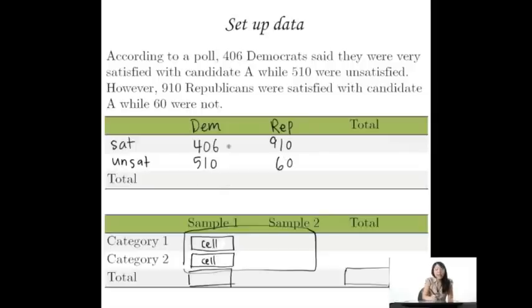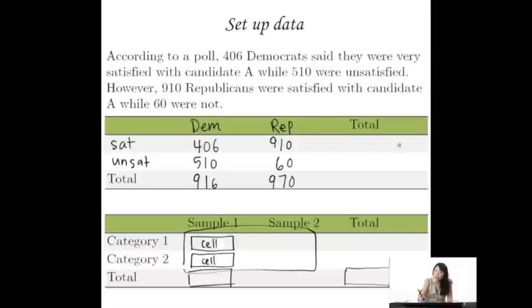When I add this up, I should be able to get the number of how many Democrats total are in this sample. So this is 916. For Republicans, this is 970. So we have slightly more people in our Republican sample than in our Democrat sample, and that's fine.